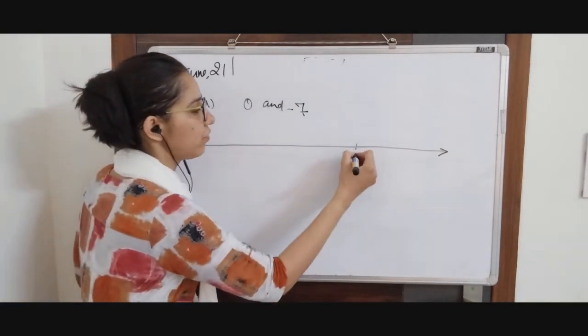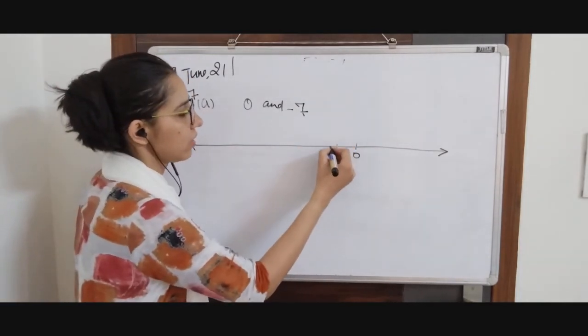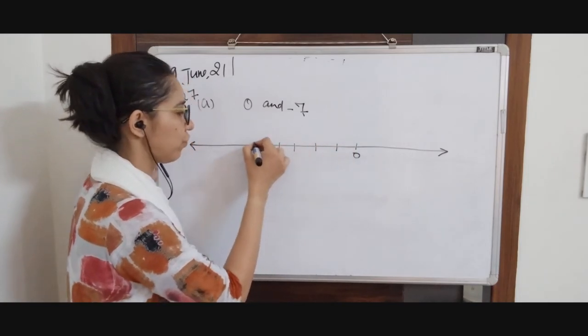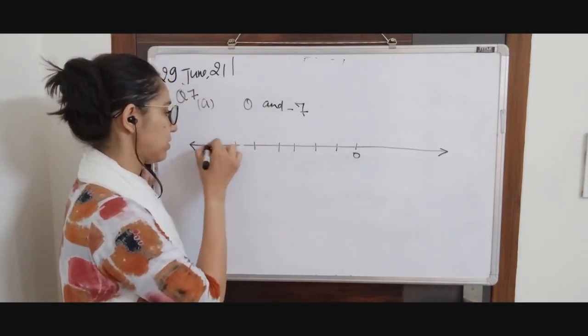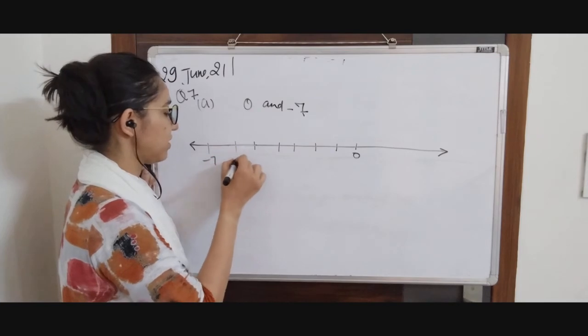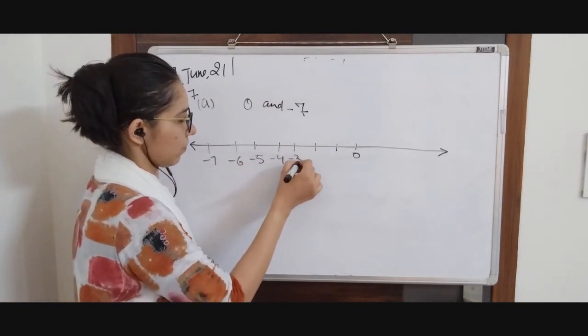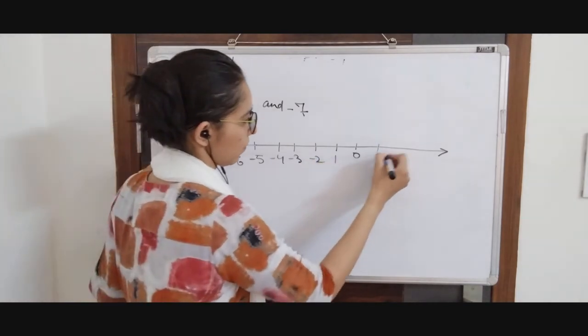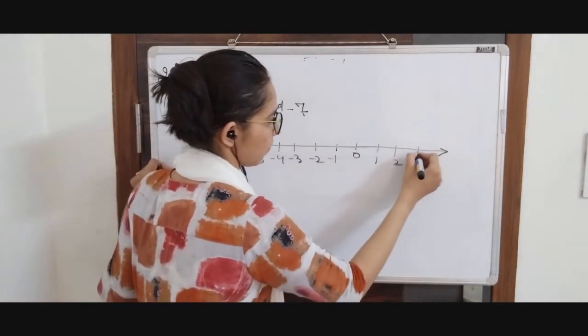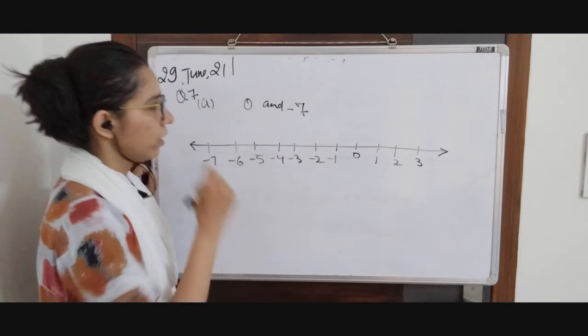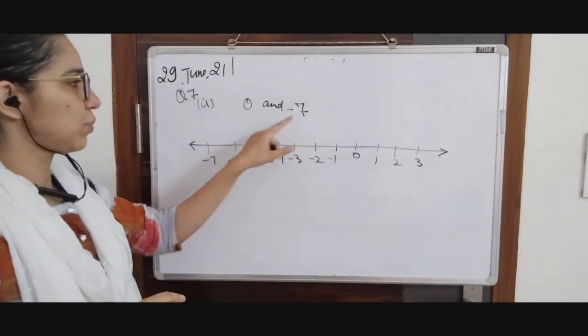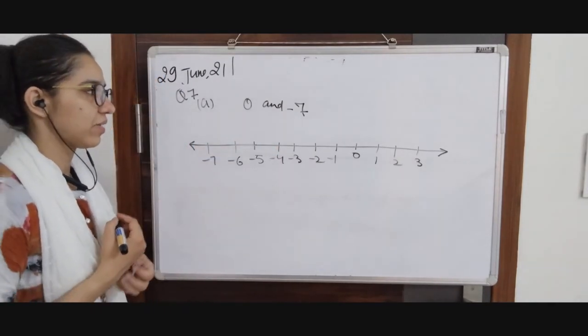So if 0 is here and 1, 2, 3, 4, 5, 6, 7, and -7 is here. We have to write all the numbers between -7 and 0.